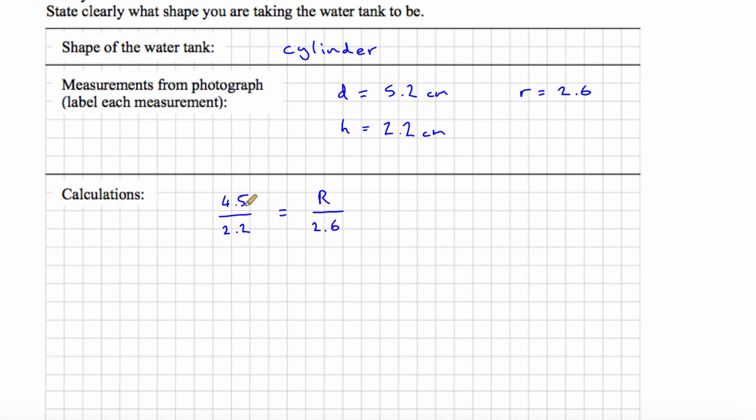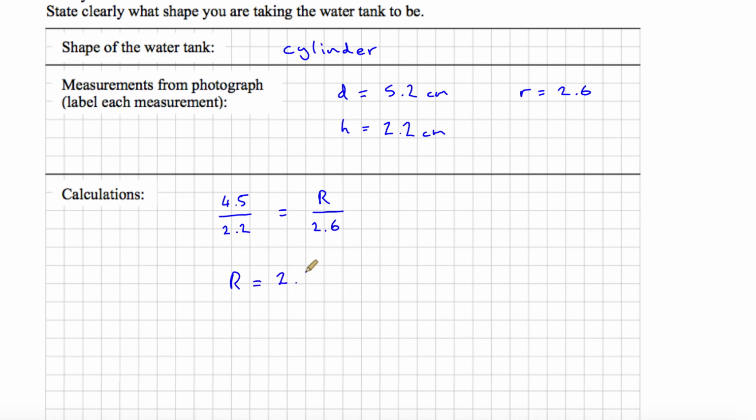So we've expressed the estimated height over the actual height as being equal to the estimated radius over the actual radius. So now what I can do is rearrange this to find capital R.